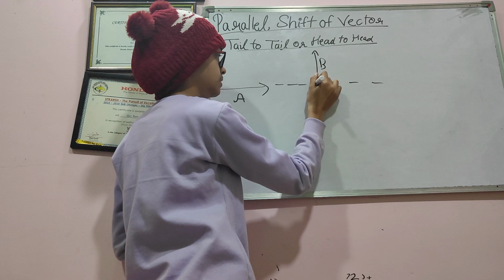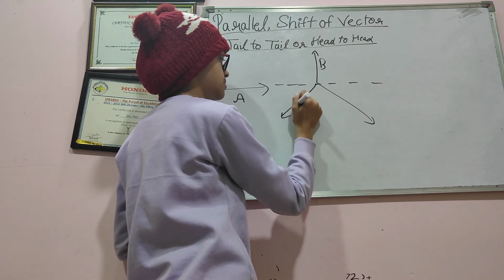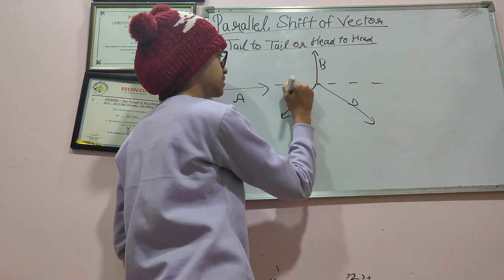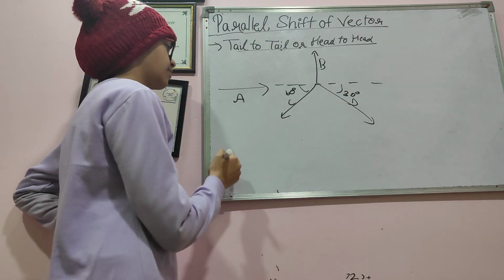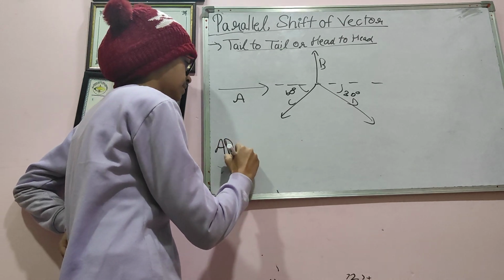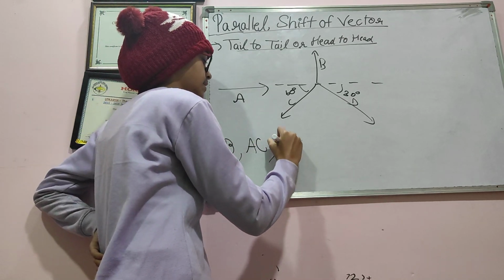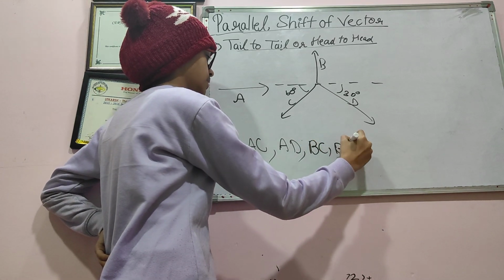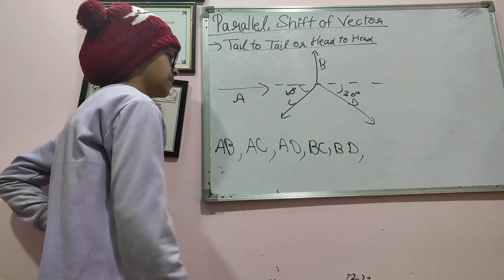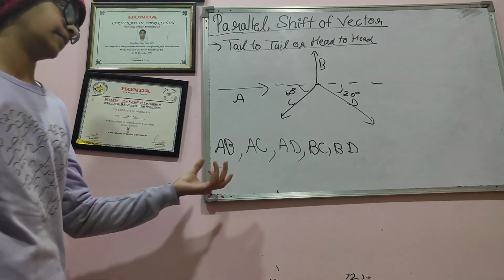This is vector B. C, D. This is equal to 60 degree. This is equal to 30 degree. Do parallel shift of vectors, like find the angle of AB, AC, AD, BC, BD. Find the angles of these vectors.